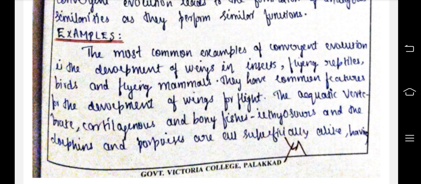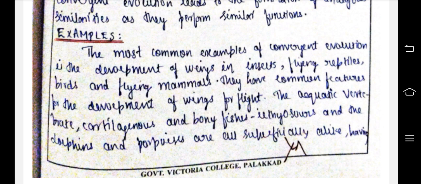So, examples. The most common example of convergent evolution is the development of wings in insects, flying reptiles, birds, and flying mammals. They have common features for the development of wings for flight.